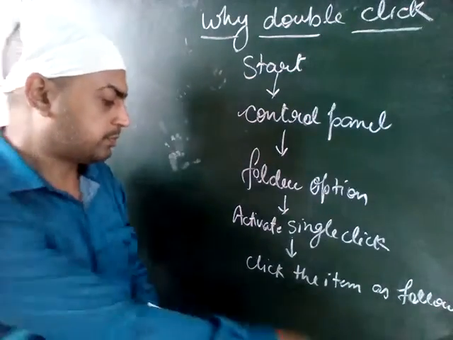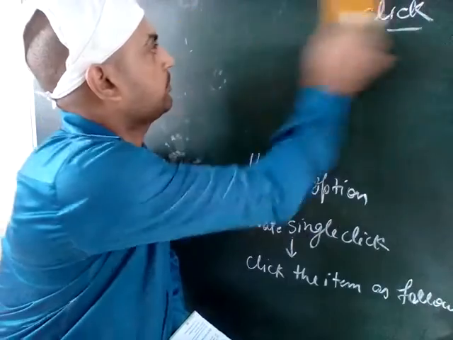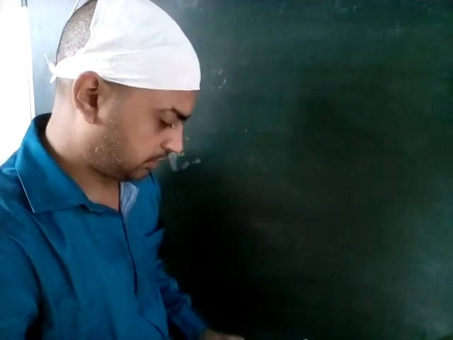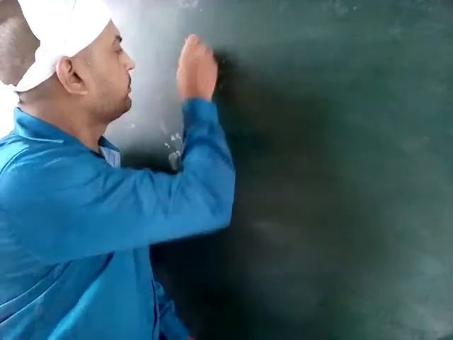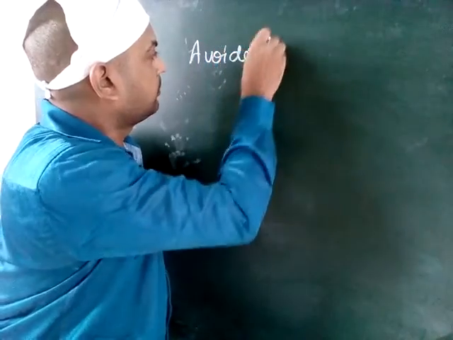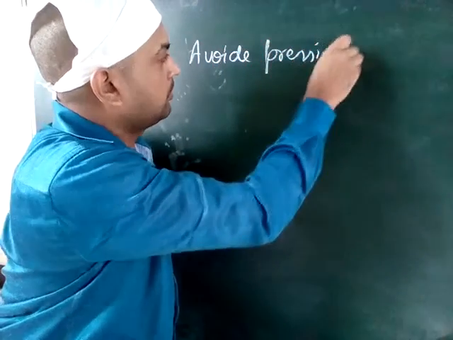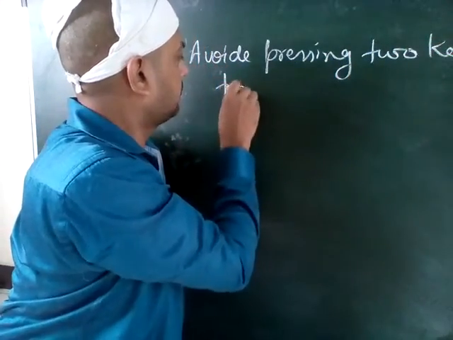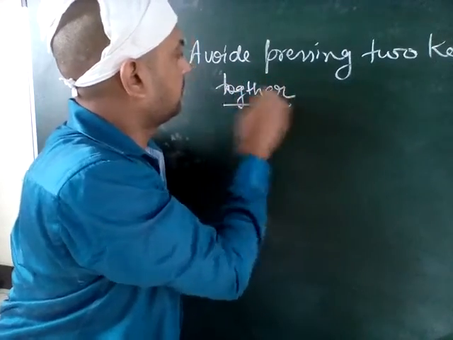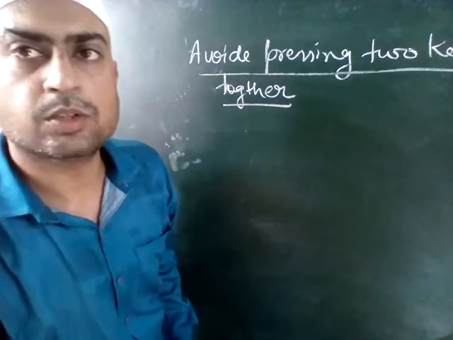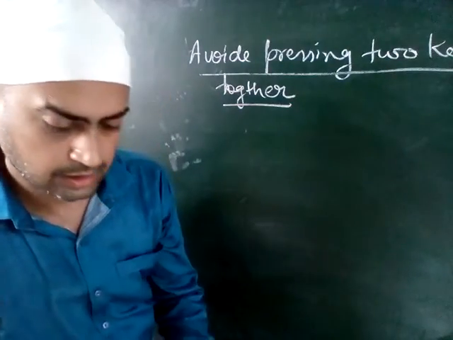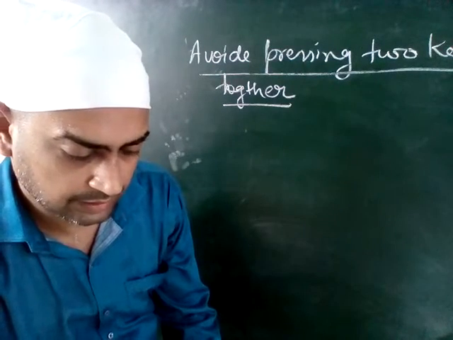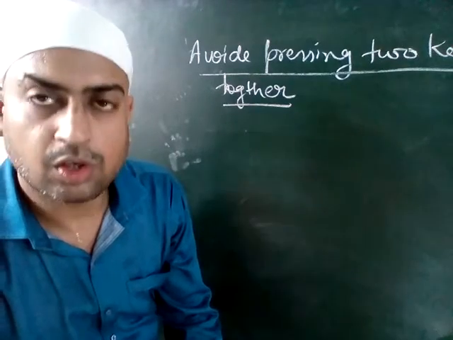Now, avoid pressing two keys together. Now listen to me carefully. Often we press two keys together, and sometimes we have to press three keys together: Control, Alt and Delete.